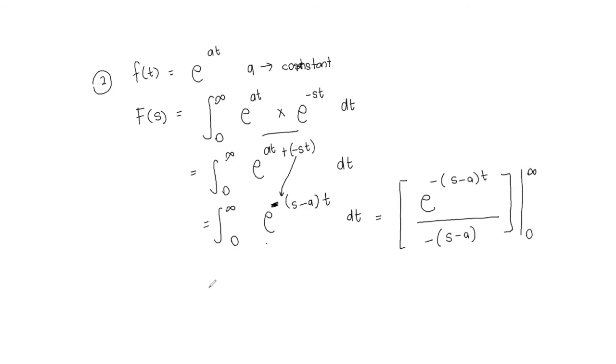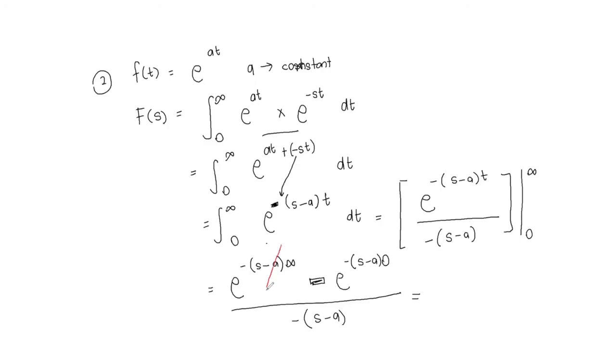Now let's just substitute the value. Exponential negative (s minus a), that varies from infinity, okay, minus exponential negative (s minus a), the next limit, which is 0, and all of it is divided by negative (s minus a). So here we can substitute the values.